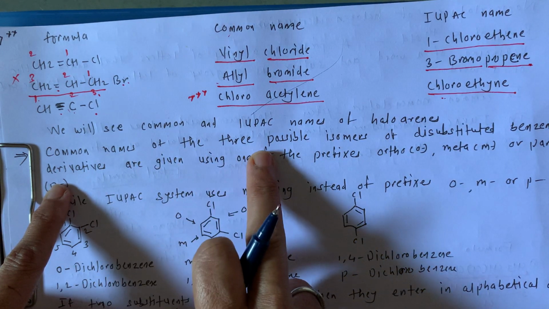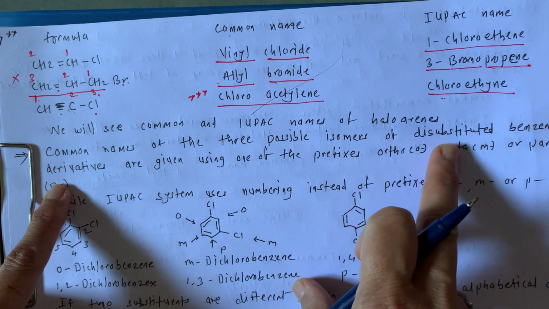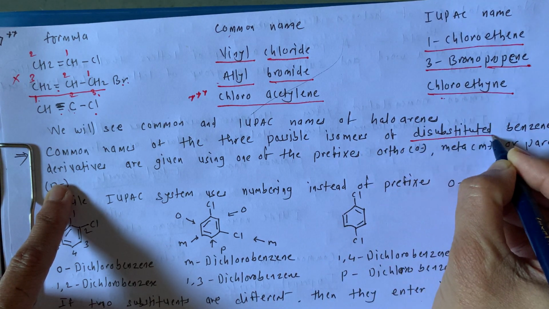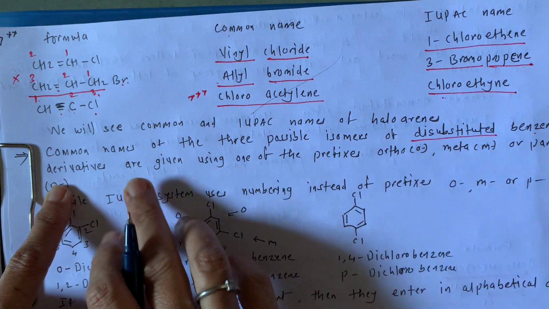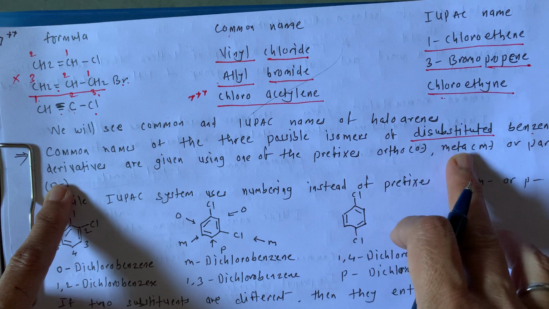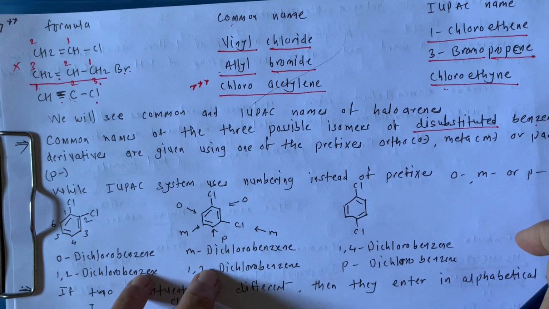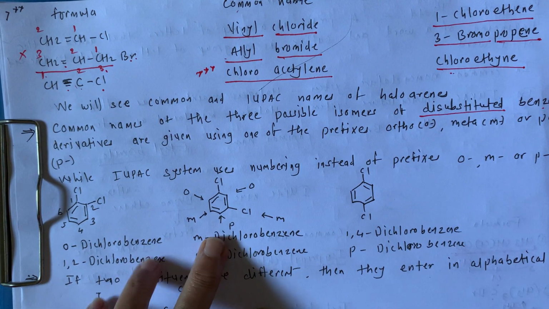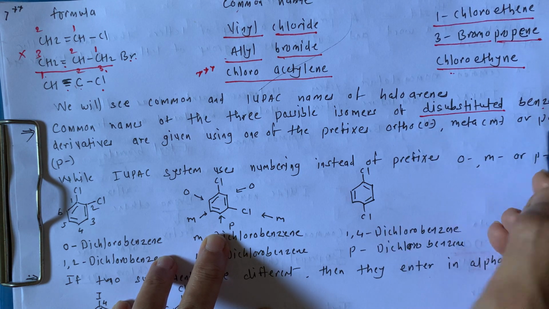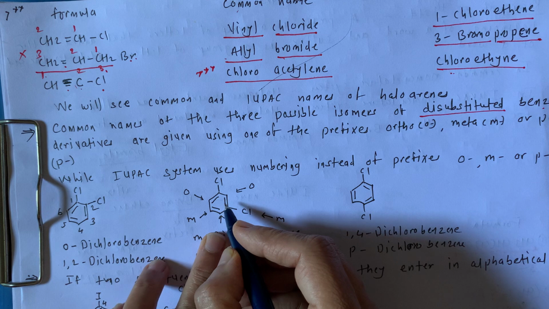Common names of the three possible isomers of disubstituted benzene derivatives, this is important, are given using one of the prefixes ortho, meta or para. First of all, we have to know what is ortho, what is meta and what is para.